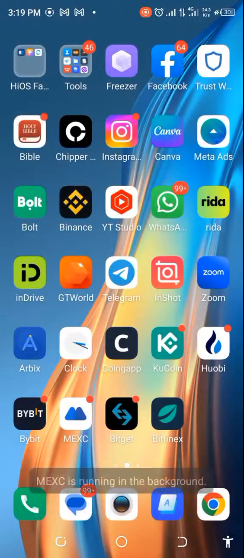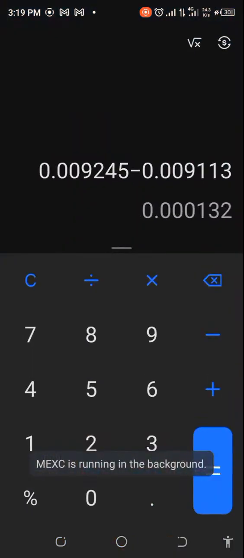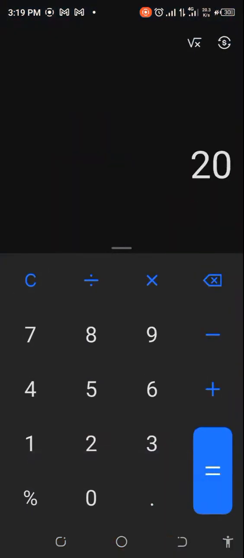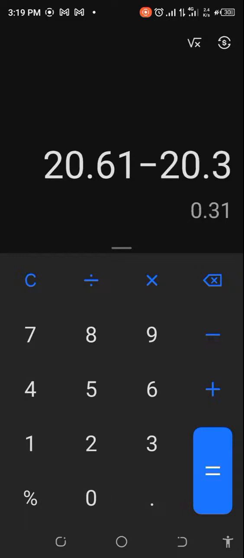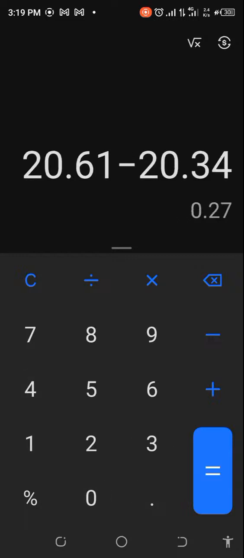So let's go check what our profit margin is. It's 20.61 minus 20.34. That's what we made, 27 cents. So what would we call this particular percentage? Let's go back to our 20 point.